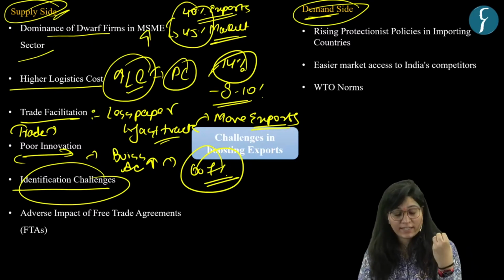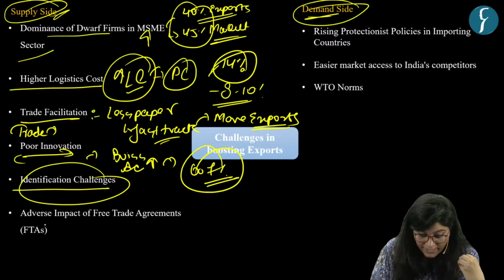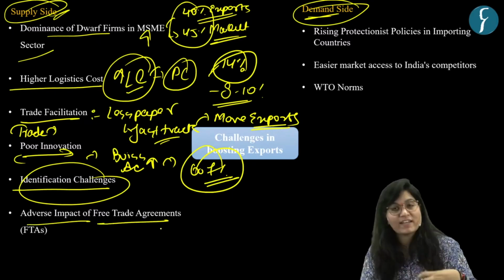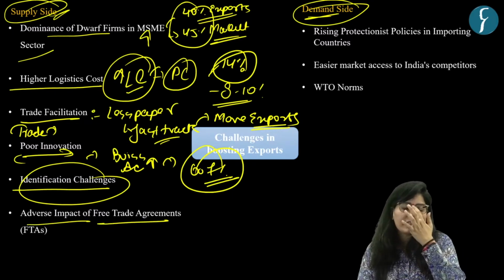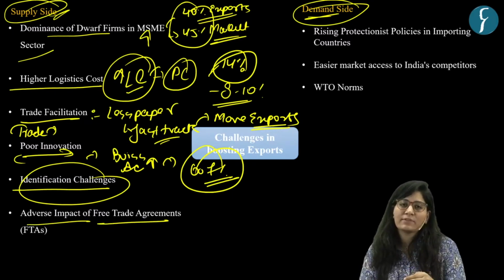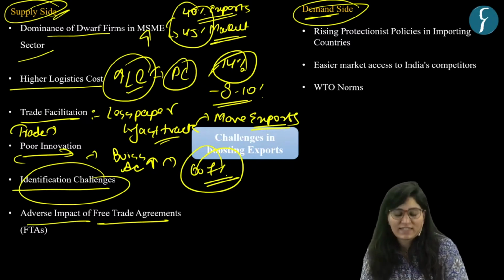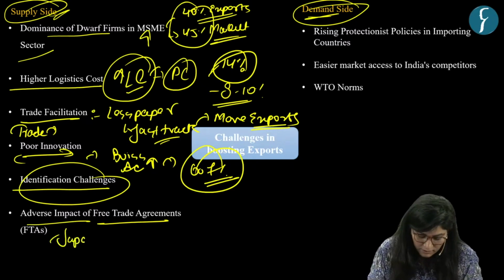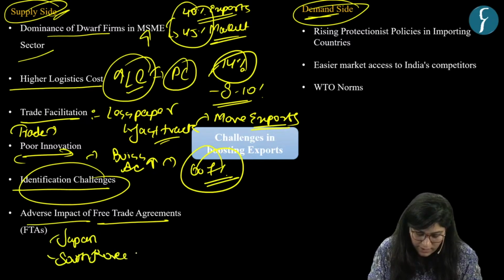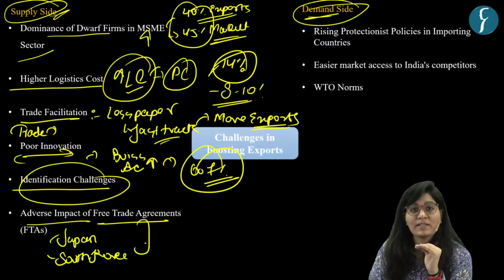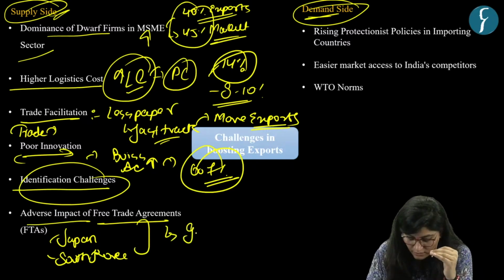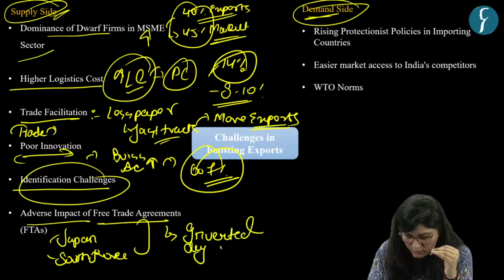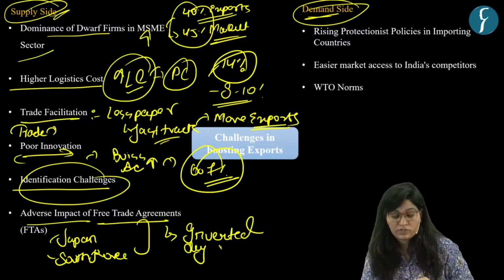Then we have the adverse impact of free trade agreements. See, India signed many free trade agreements with countries like Japan and South Korea. Okay, and these free trade agreements led to the inverted duty structure.